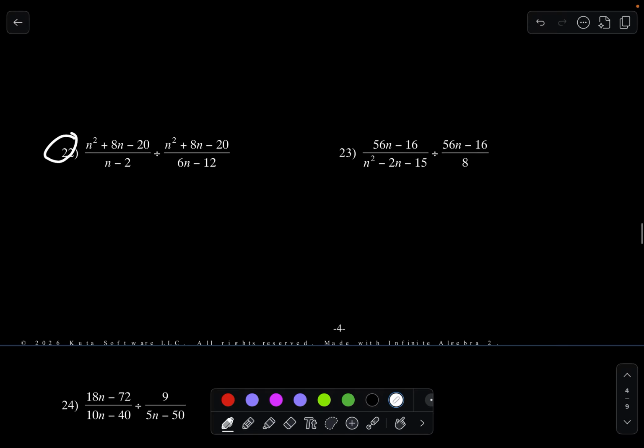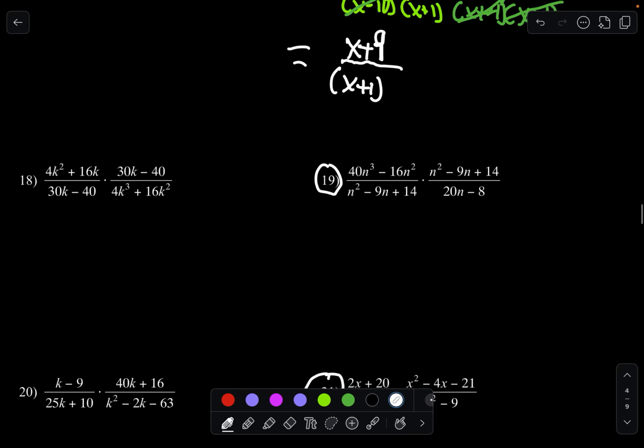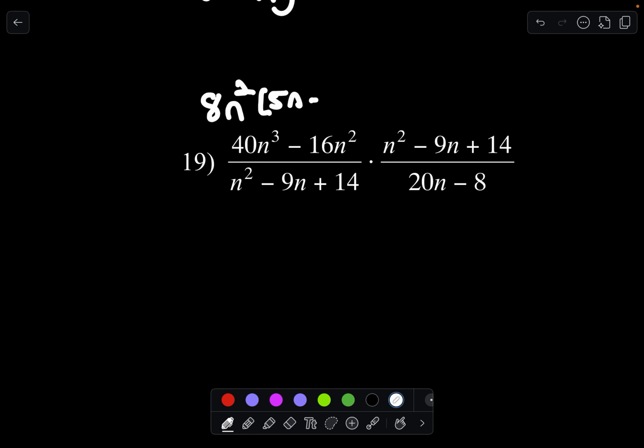So going back up here and starting with 19, as before, we have to factor. Looking at 40 and 16, I know a 4 can be pulled out. Actually, better yet, an 8n squared can be pulled out, which would leave us with a 5n minus 2 on top.